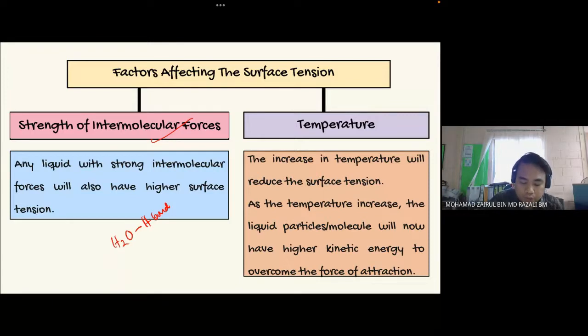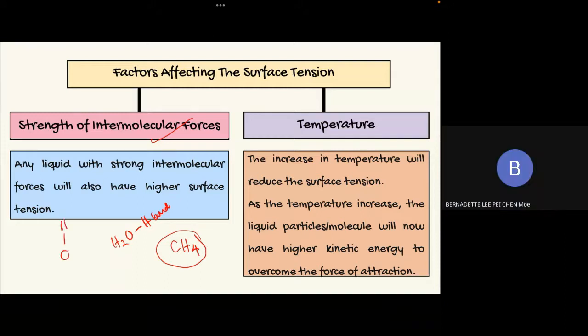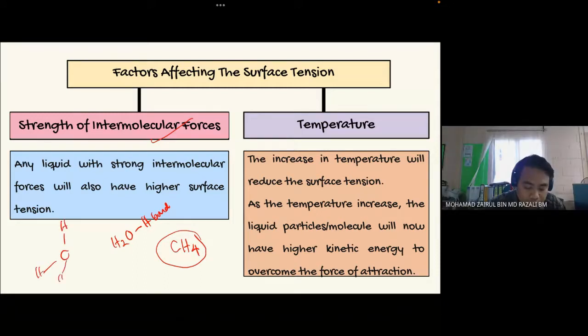So contohnya, kalau saya ada methane, CH4, between CH4 molecule ada intermolecular forces apa? CH4 ni polar or non-polar? Kalau saya lukis dia bentuk tetrahedral. Non-polar. So if the molecule is non-polar, then the intermolecular forces we call it as a London dispersion forces.